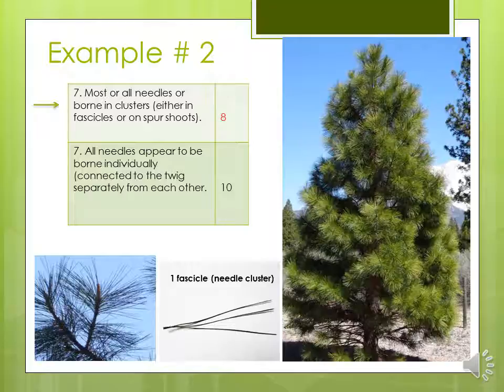Question number 7 asks if the needles are borne in clusters, such as a fascicle, which is a bundle of needles, or if all the needles are borne individually, so each needle is connected directly to the twig, separate from each other. And this tree here has needles that are in a fascicle or a cluster, so we're going to move on to question number 8.